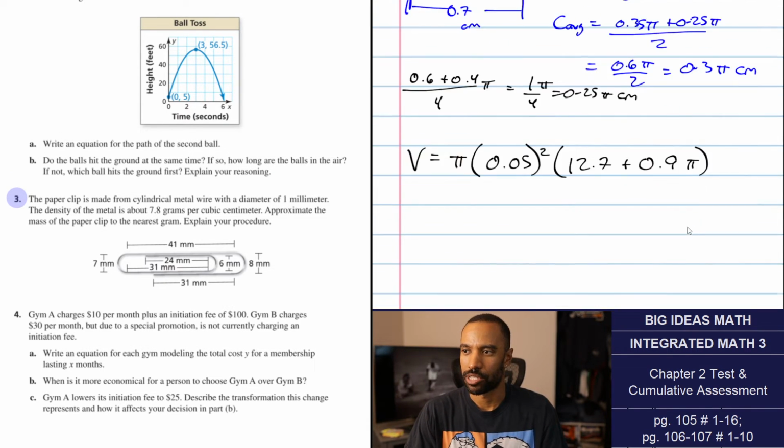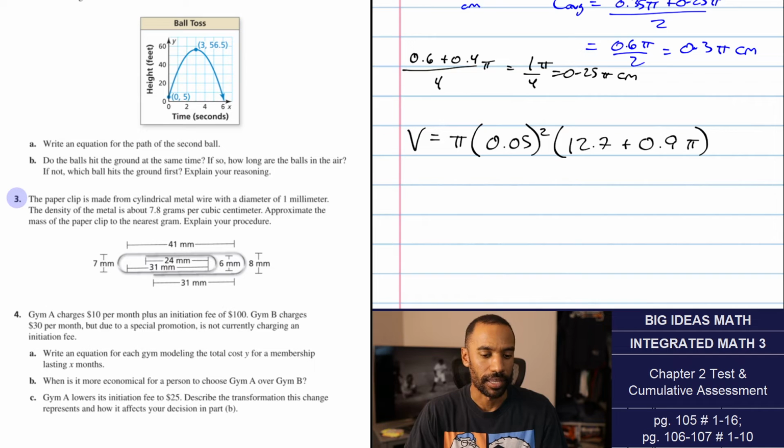Yeah, now is probably the time to do some rounding, right? So let's go to the calculator for that. We're going to do pi times 0.05 squared times 12.7 plus 0.9 pi. Okay, so this volume is in cubic centimeters, by the way.